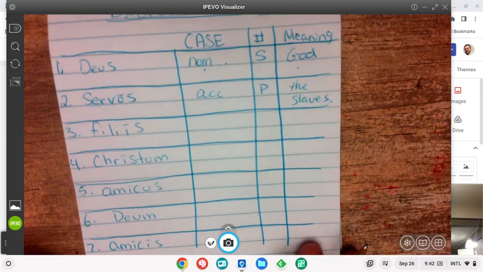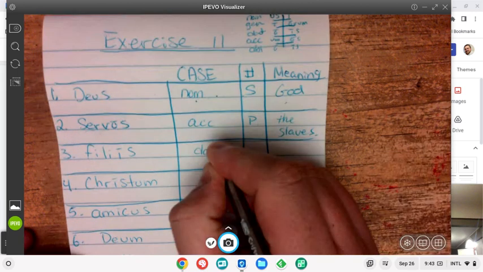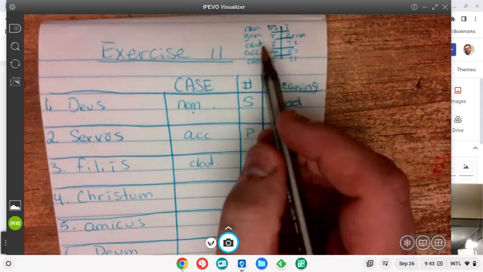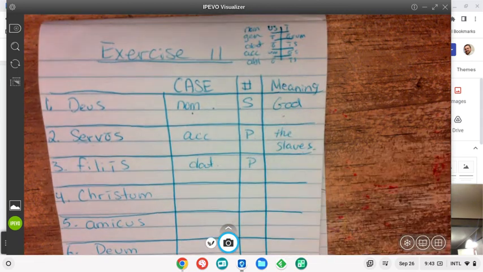Just put the word itself, perhaps with the, if it makes sense for you to do so. Filiis. Now with the is ending, there are 2 places, so we pick one, and then when we write the meaning, we have to be sure that we're writing the correct meaning. Let's do the dative plural. Because we've chosen the dative plural, we have to make sure it has a dative meaning and not an ablative meaning. So the dative case, what's that for? That's for if you're giving something to somebody or if you're doing something for somebody.